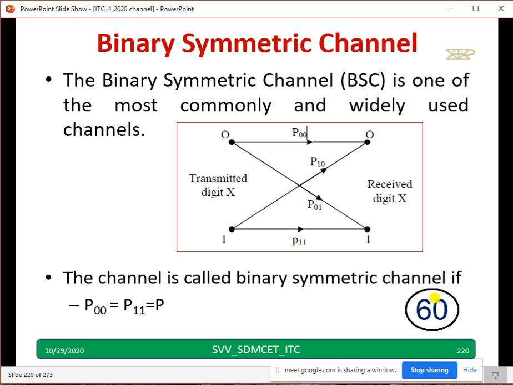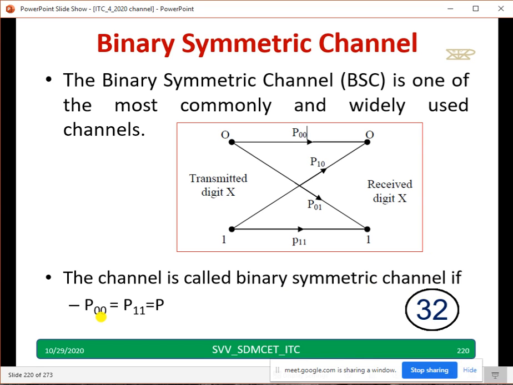Binary symmetric channel, we have already discussed why it is called symmetric. If P00 equals P11 equals some probability, I can say it's a binary symmetric channel. You can note down that figure. When I transmit a 0, I may receive a 0. When I transmit a 1, I may receive 1.